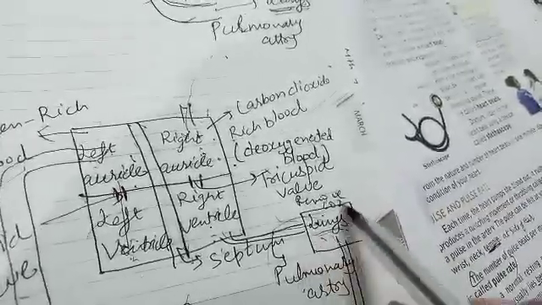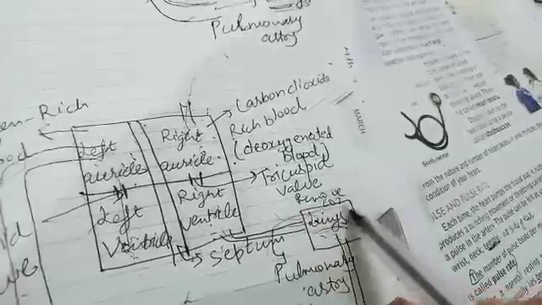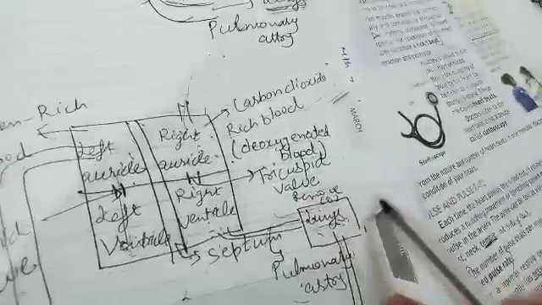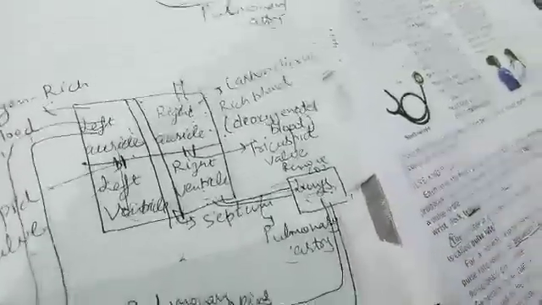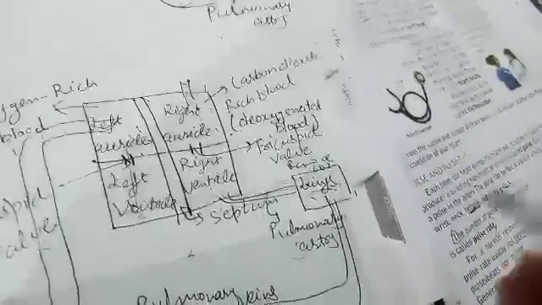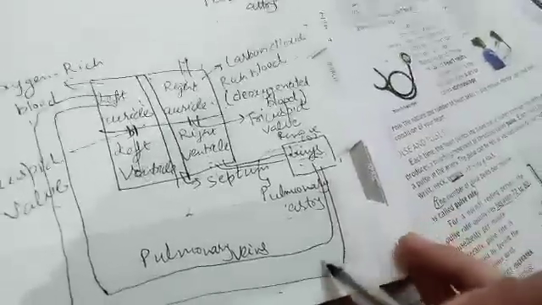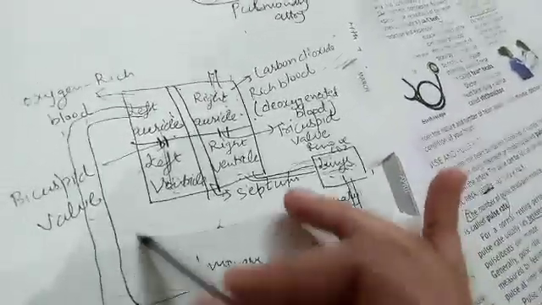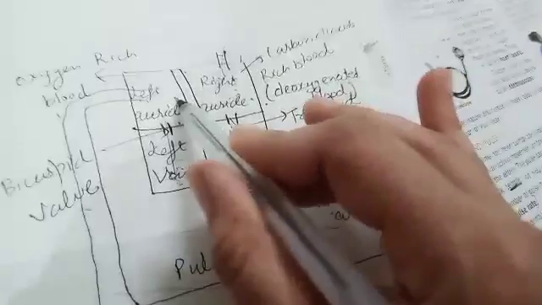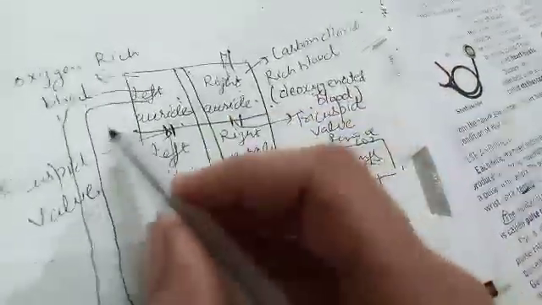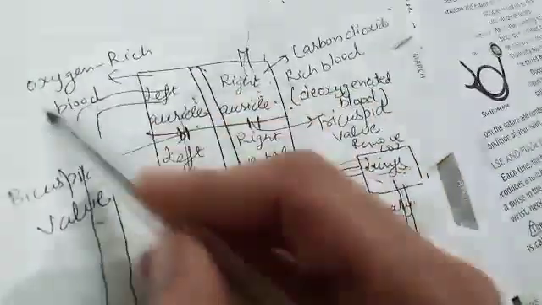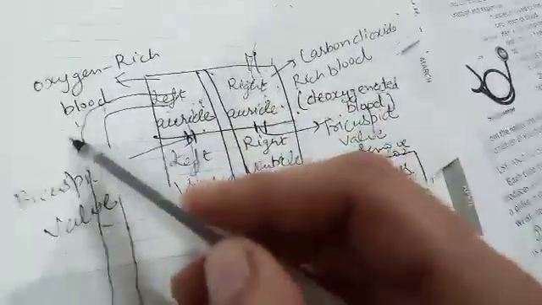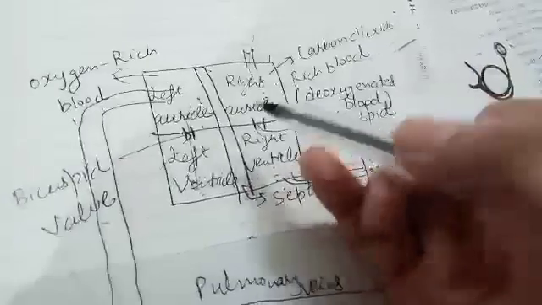What is the function of the lungs? They remove carbon dioxide from the blood and mix oxygen with the blood. Now our blood becomes oxygenated blood. Then through the pulmonary vein, that blood goes into the left auricle. That blood is oxygen rich, or oxygenated blood.